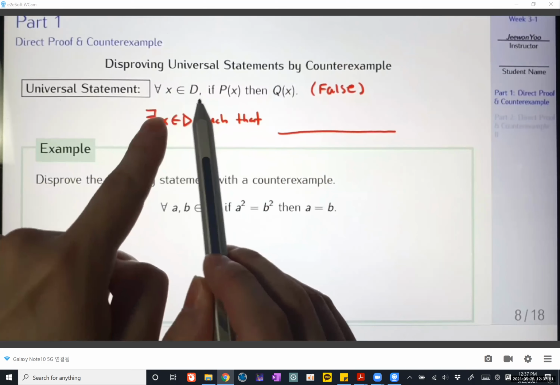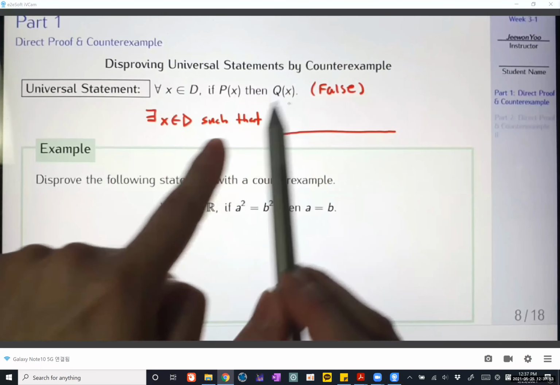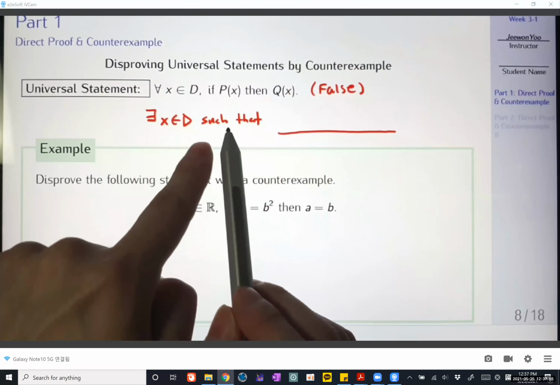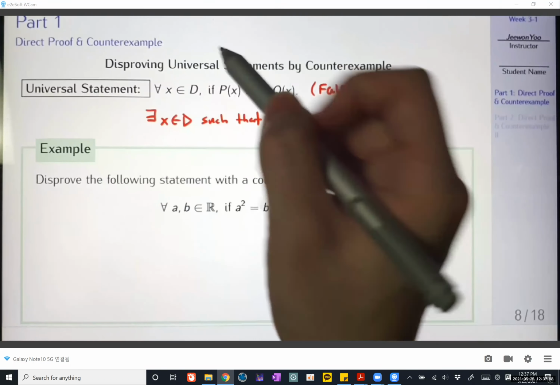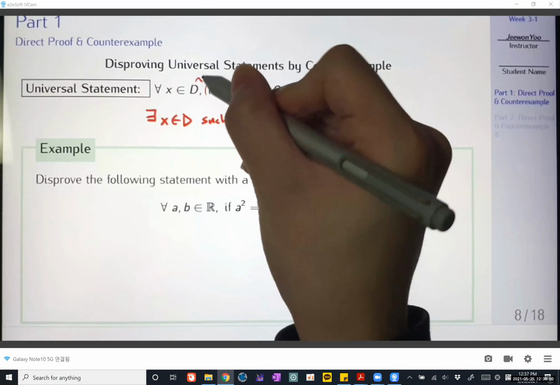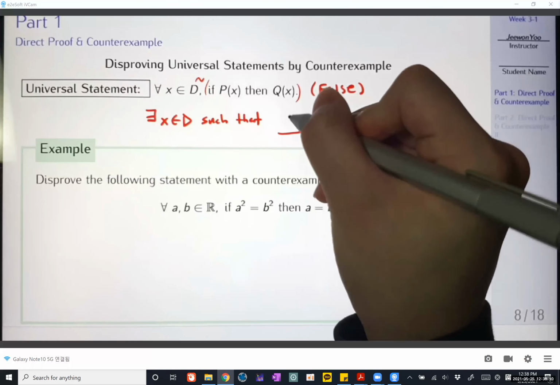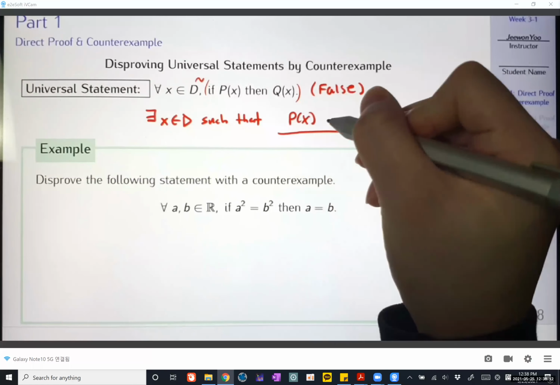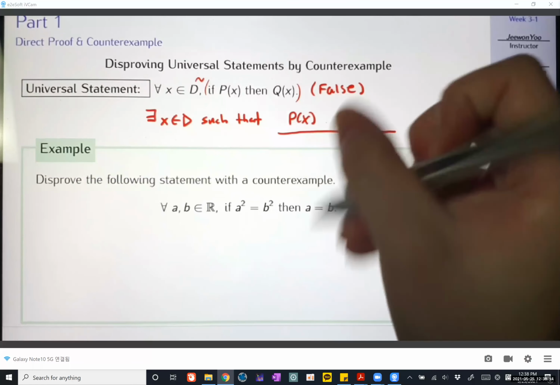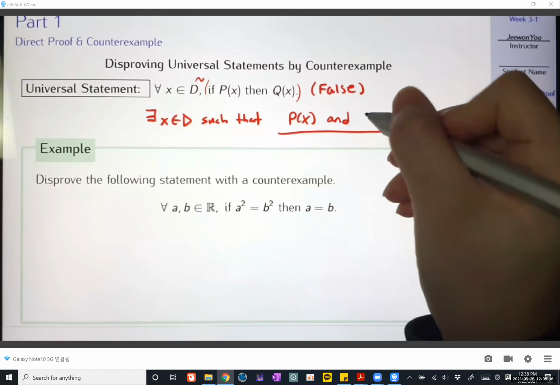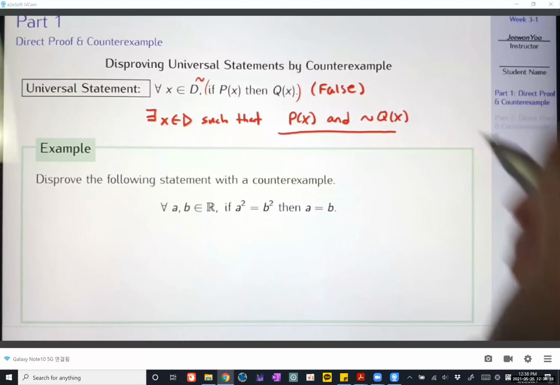For all x in D, if P of x then Q of x, there exists x in D such that, what is the negation of this conditional statement? P of x and not Q of x. Thank you, Kira and Carol. Good job. So P of x and not Q of x.